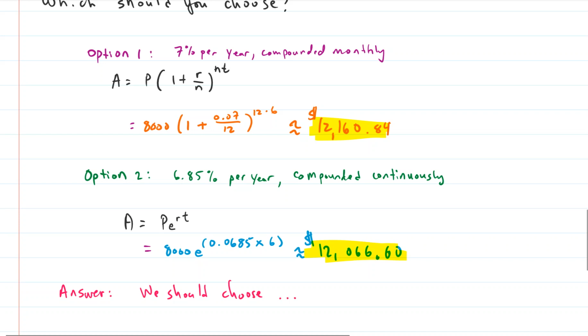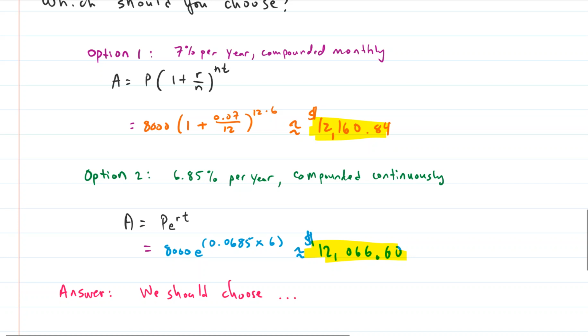So even though option 2 had more compounding periods, which in general gives us more money, the difference in the interest rate was big enough, the drop was big enough to not be able to overcome the deficit, even though we had more compounding periods.